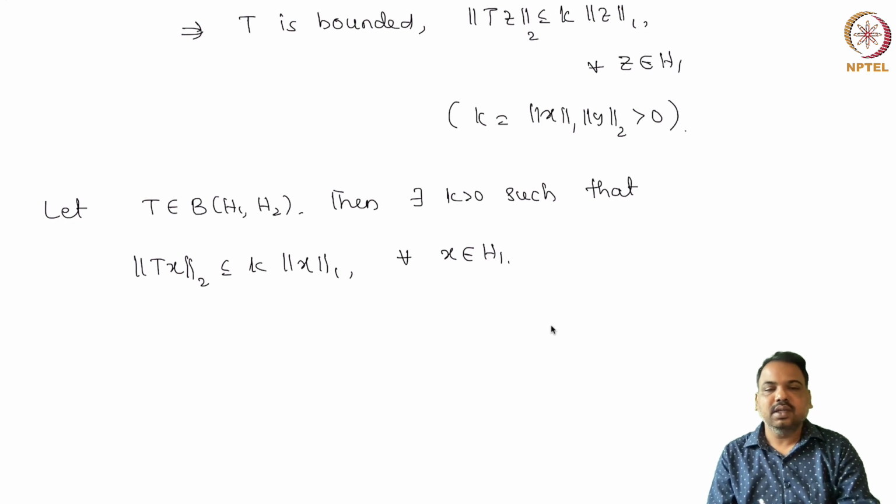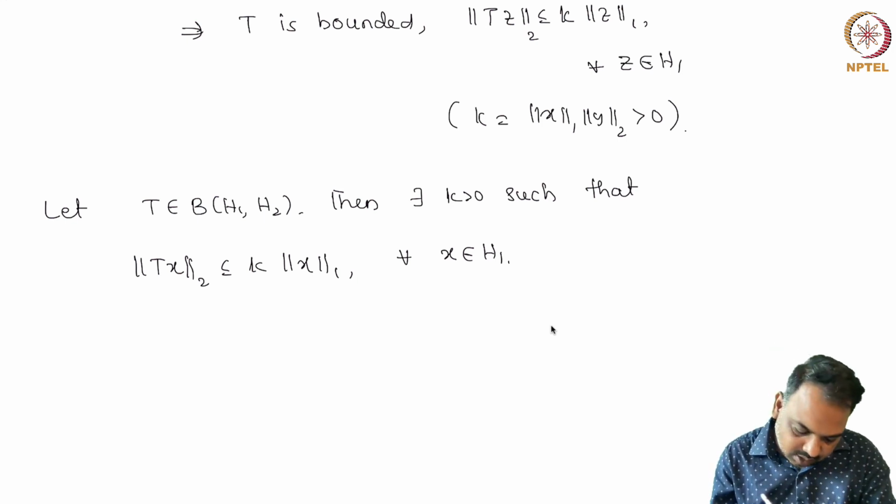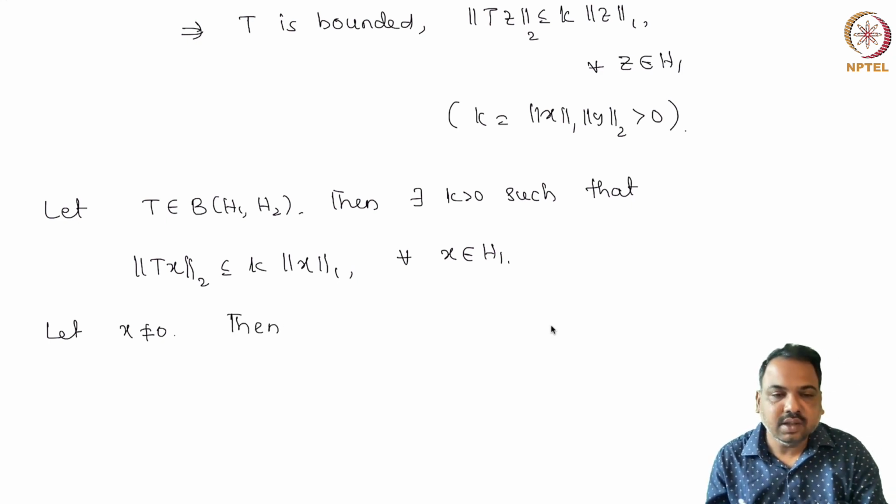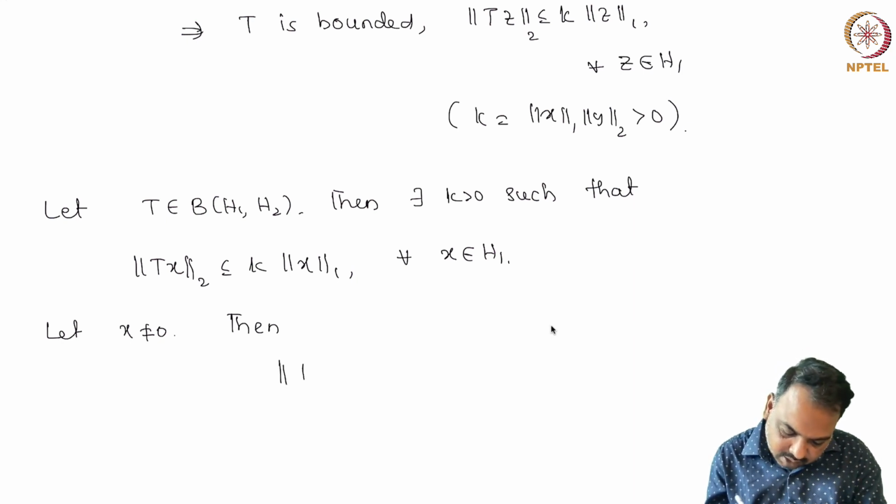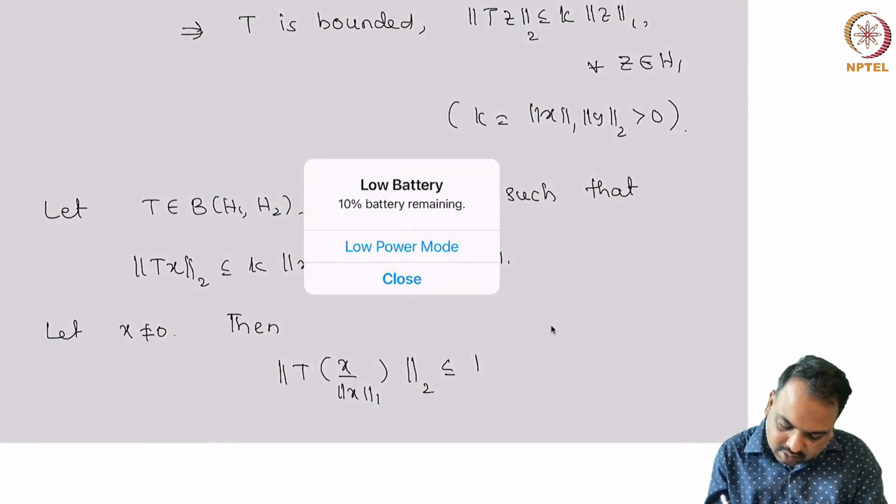Now let us take x to be non-zero. Then the norm of x is non-zero. We can divide this inequality by the norm of x on both sides. Then we get the norm of Tx divided by the norm of x is less than or equal to k.